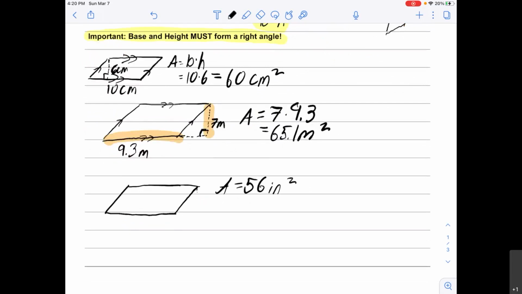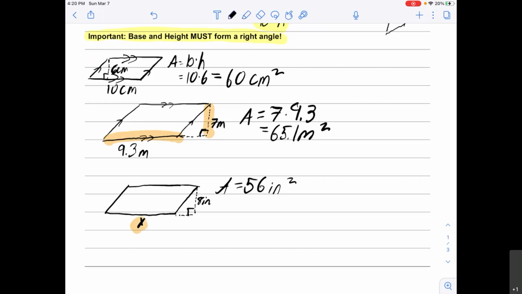And then I tell you that this height right here is 8 inches. And then I tell you that the base is x. And I asked you to figure out what x right here was. Pause the video here, see if you can figure out what the base x is, and then restart when you have an answer.